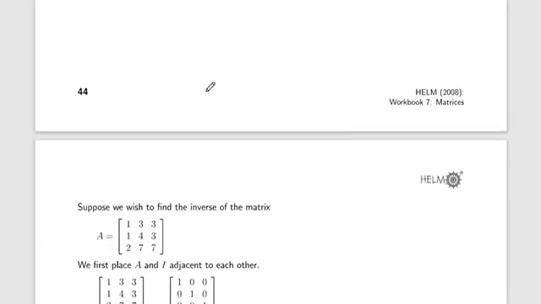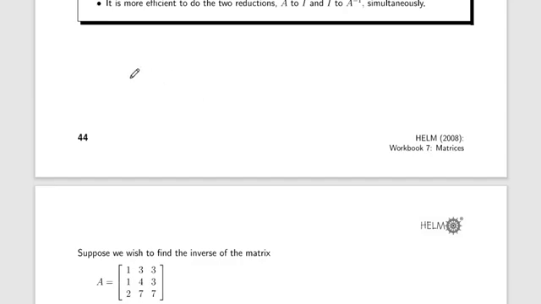So if you want to find the inverse, how do we find it? We always know that A into A inverse gives the identity matrix. Now in Gauss-Jordan elimination, we will transform the matrix A into the identity matrix.